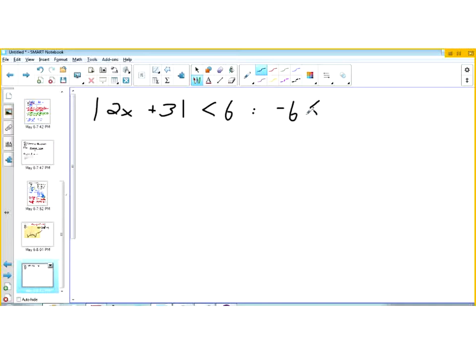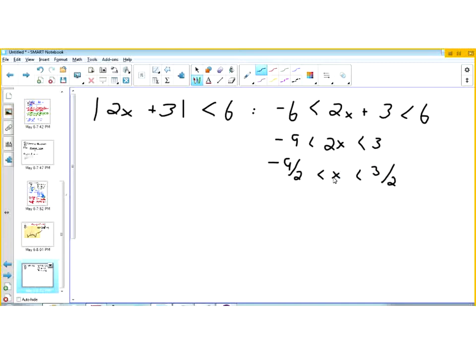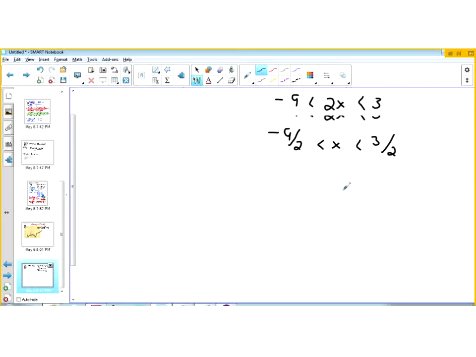And so this basically amounts to solving 2x plus 3 greater than -6 and less than 6. That's the rule for solving an absolute value that's less than a number. And so when we solve this, we'll have -9 less than 2x less than 3. And divide all sides of the inequality by 2 to isolate x. So we have -9 halves is less than x is less than 3 halves. Okay, so that's one inequality.